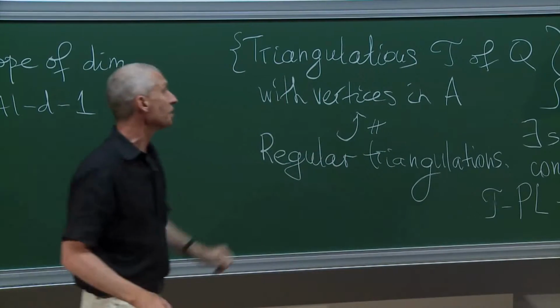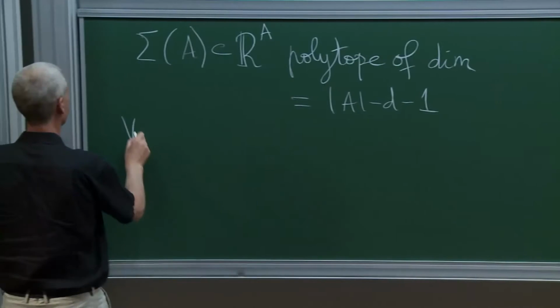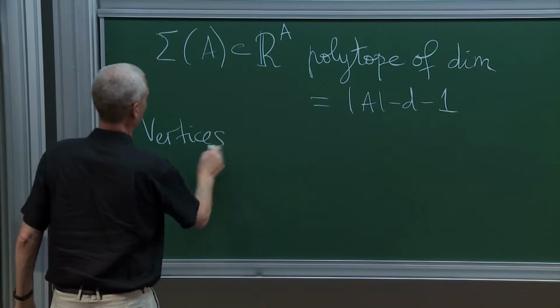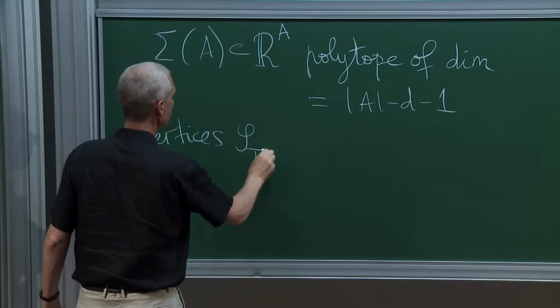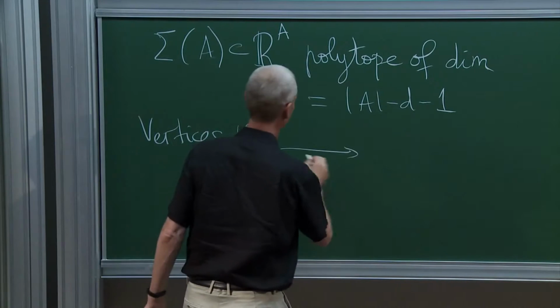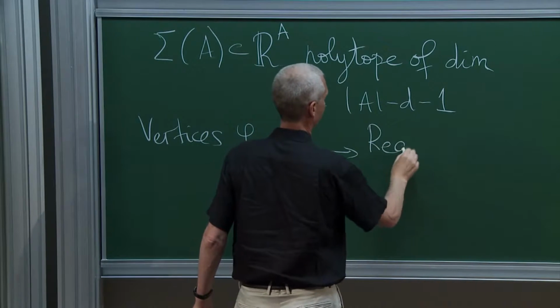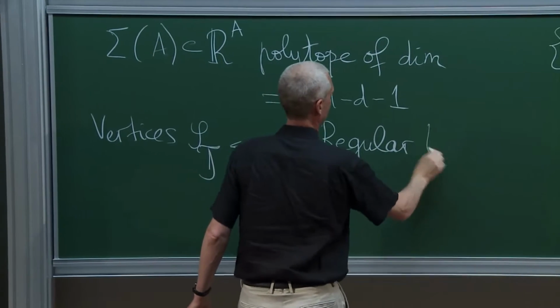In general, it is a strict inclusion. So the vertices I call phi T, for regular triangulations T.